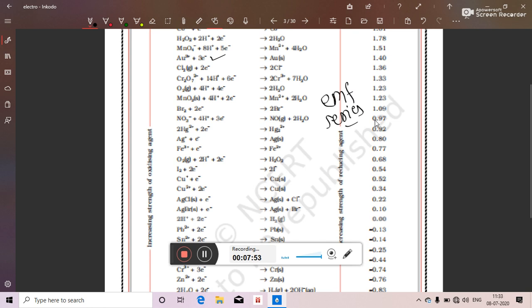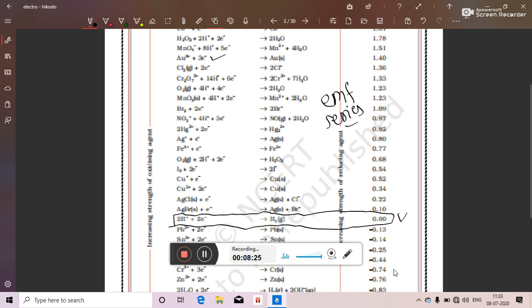Now how is this series useful? Here you can see that the hydrogen half cell, that is SHE, standard hydrogen electrode, its reduction potential is chosen as 0 volt. So all those half cells whose values are above 0 can be reduced easily, while those electrodes which have negative values can be reduced with difficulty.